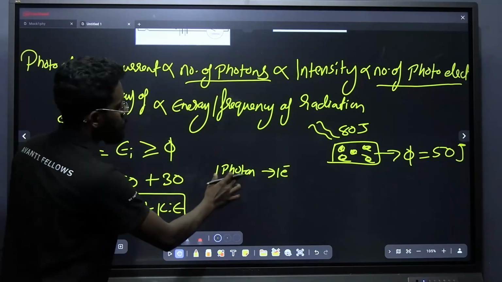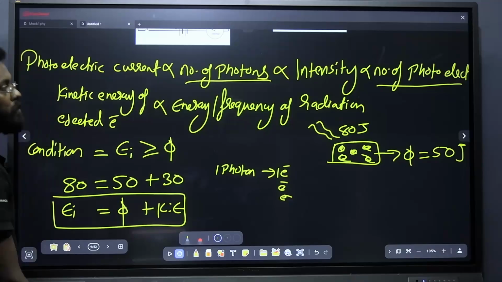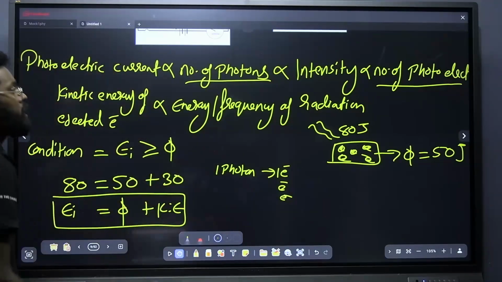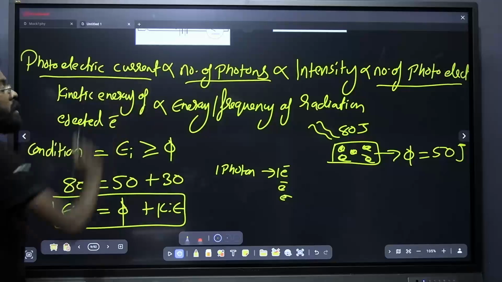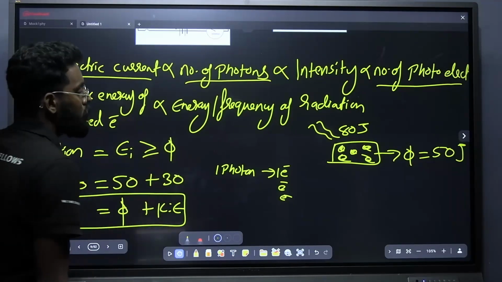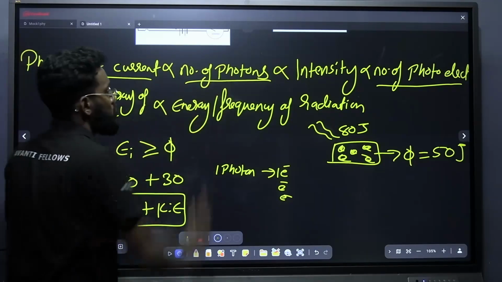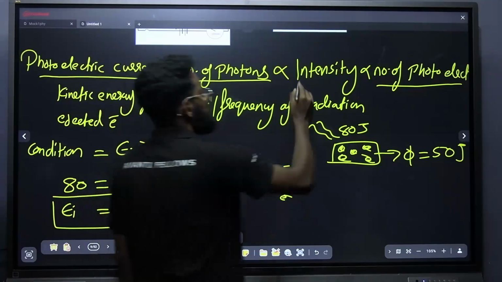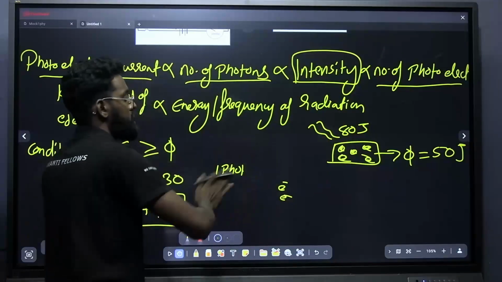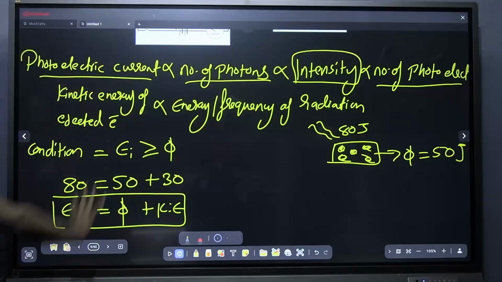So if I supply more photons, more electrons will eject out. If there are more electrons, the photoelectric current also increases. Why? Photoelectric current is due to the movement of photoelectrons. How can we increase the number of photons? We can increase the number of photons by increasing the intensity of radiation that I am supplying. That is the first point.